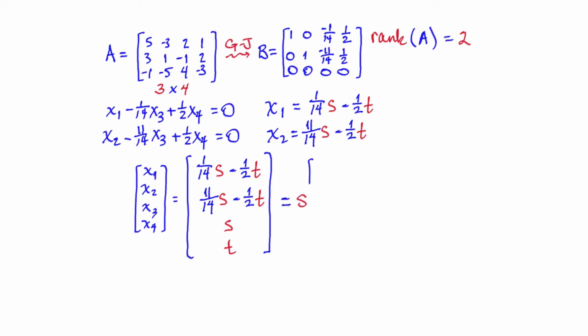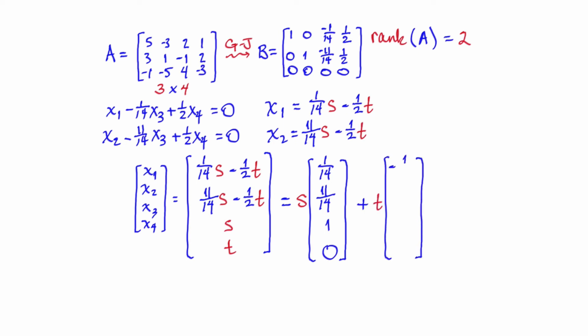So we can write it as s times the vector 1/14, 11/14, 1, 0, plus t times the vector negative 1/2, negative 1/2, 0, 1. Now, every solution to the homogeneous system of equations can be written as a linear combination of two specific vectors. I'll call these two vectors v1 and v2. So that means that we've found a basis for the null space.